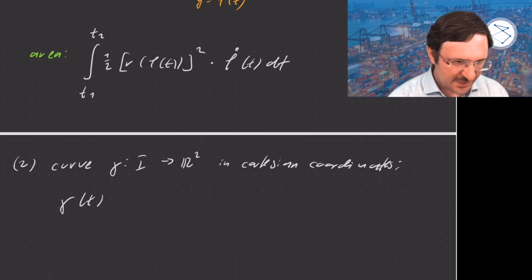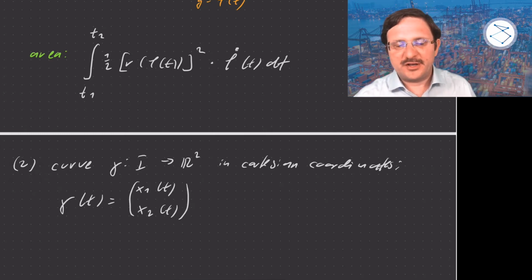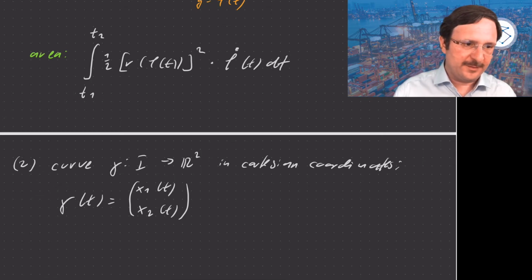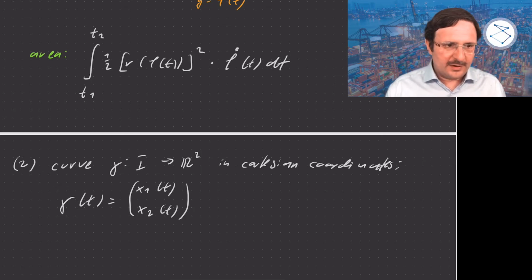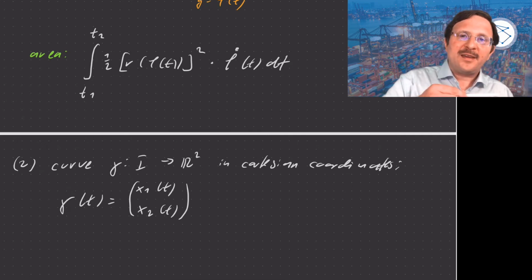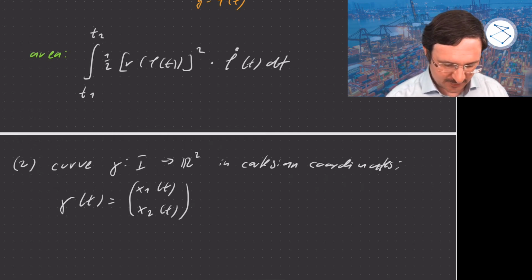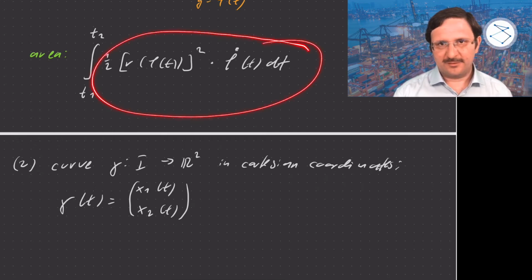We have gamma of t equals some function x1 of t and some function x2 of t. And we don't have an outright interpretation as phi and radius. Now, what can we do? Well, we can, of course, try to transform that back into the polar form to be able to apply this formula here.